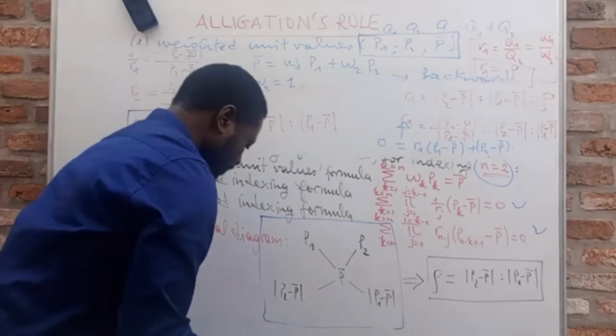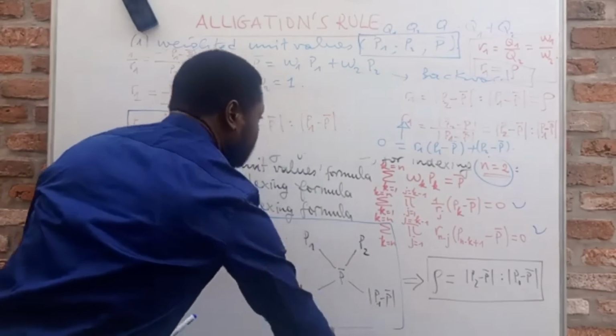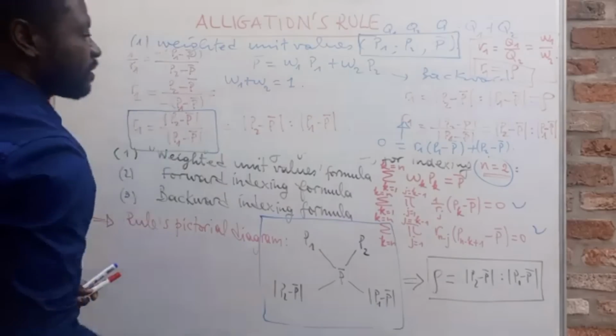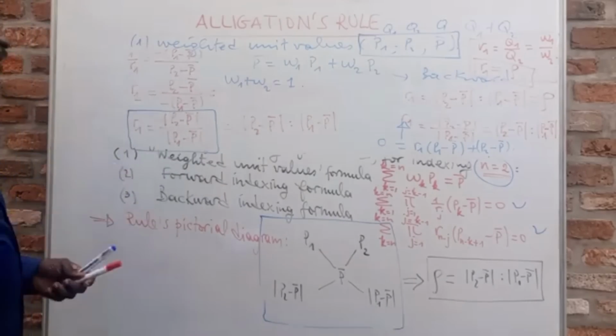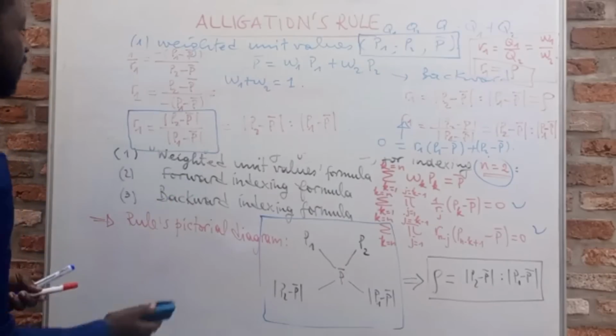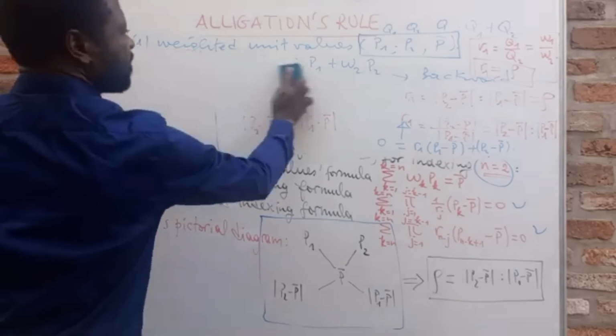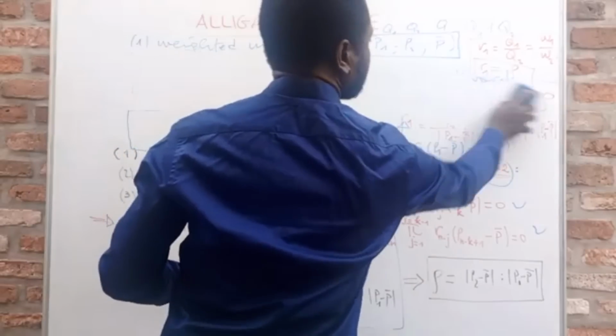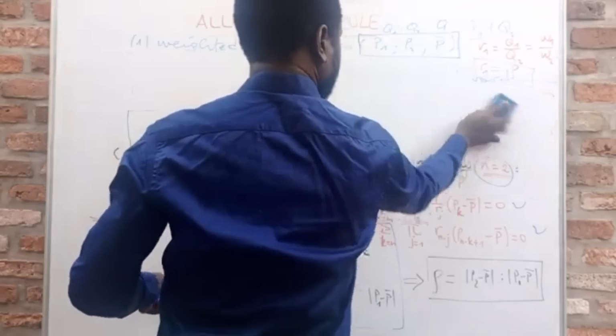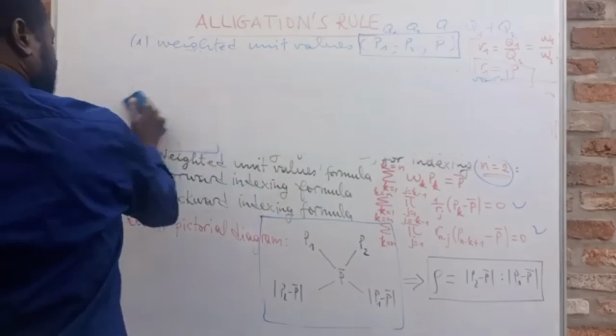Okay, so now for the forward indexing formula, what we have is just like what we have here.